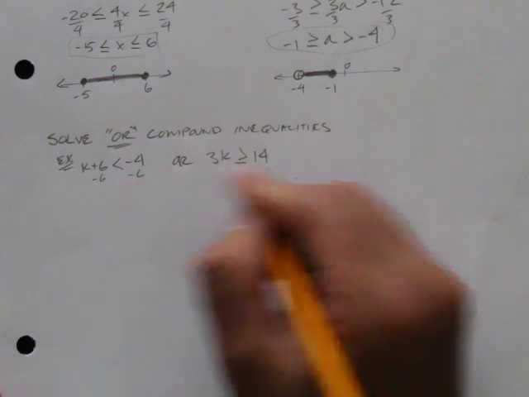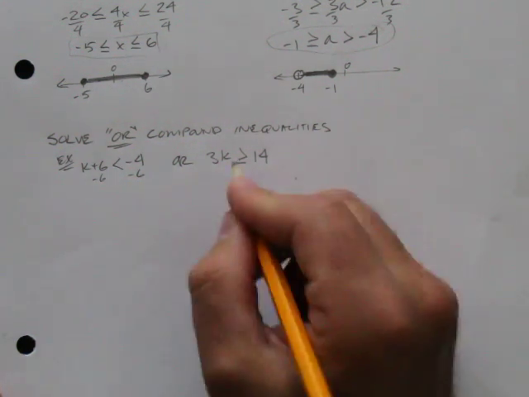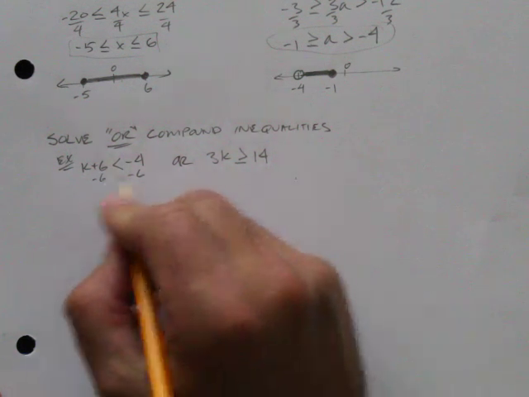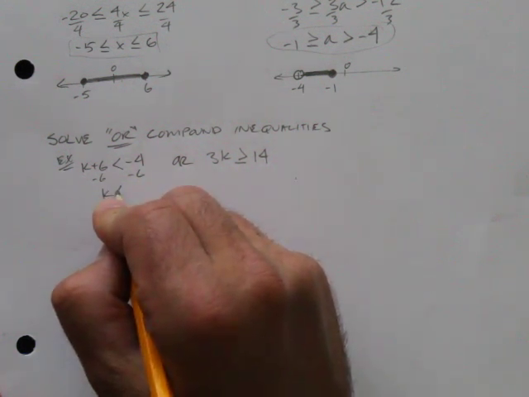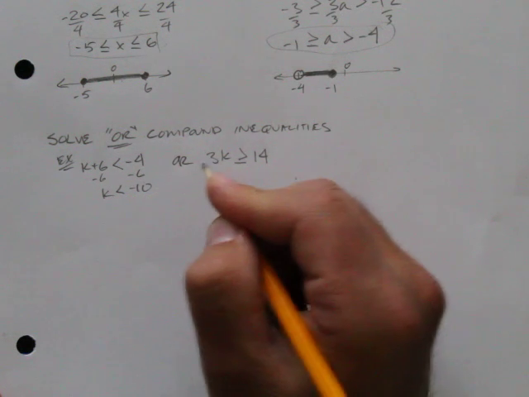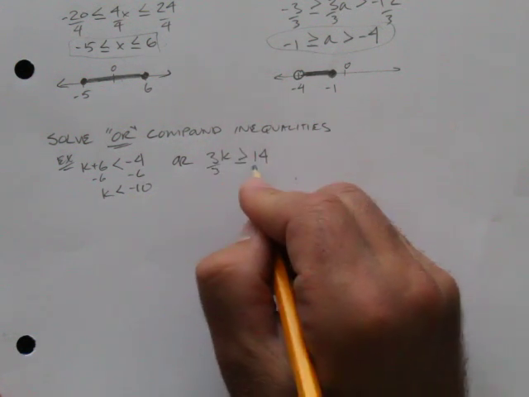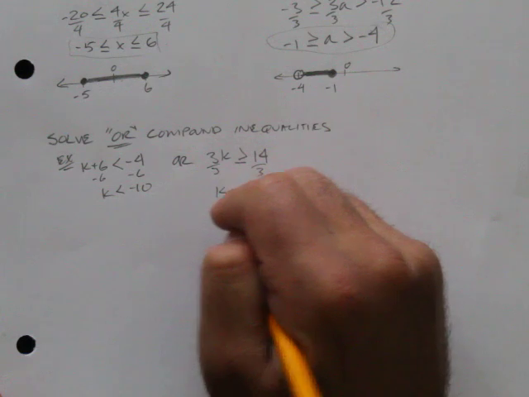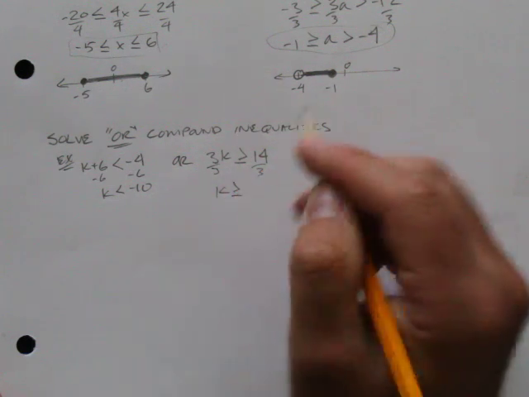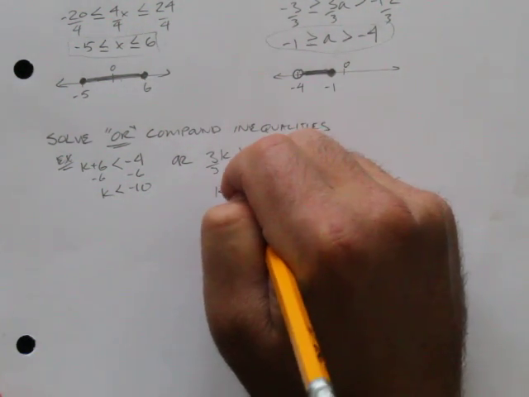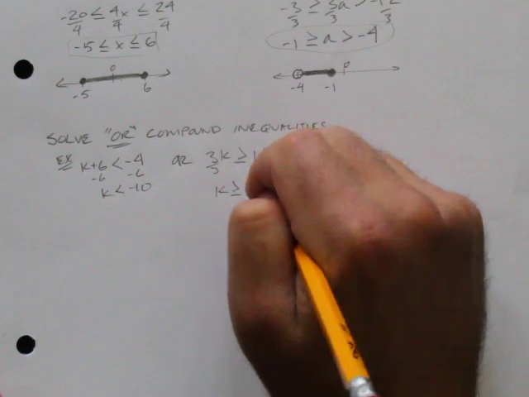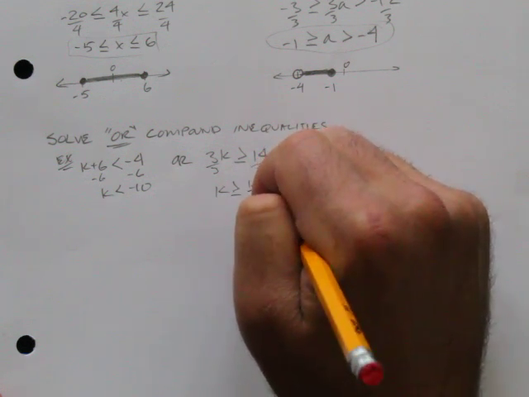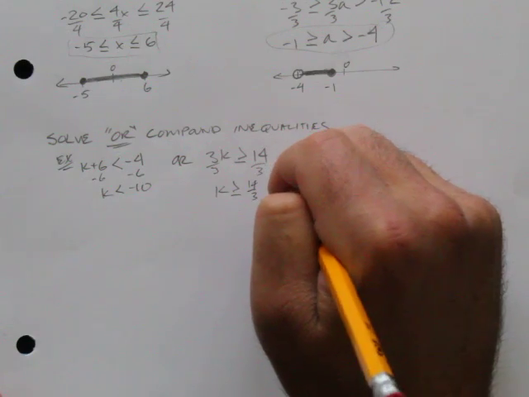Subtract 6. You can't put them together and solve them. You've got to solve them individually like this. So subtract 6. K is less than negative 10. And then I'm going to divide by 3. I've got k is greater than or equal to 14 thirds, or 4 2/3.